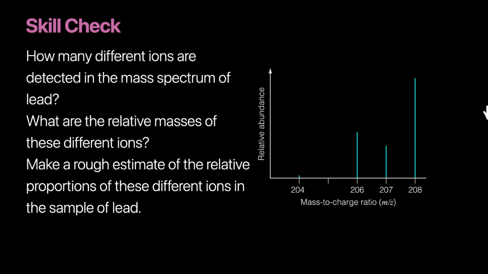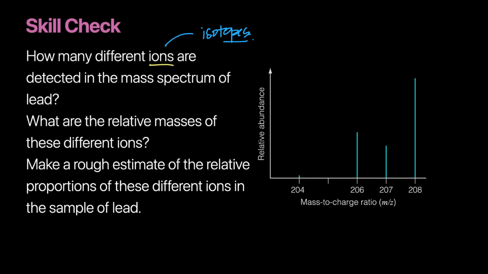In this question, I see a mass spectrum of a particular element that seems to have peaks at 204, 206, 207, and 208. So there are four peaks, which means four different isotopes. The reason they call them ions is because every particle found in a mass spectrum is in fact a 1 plus ion.